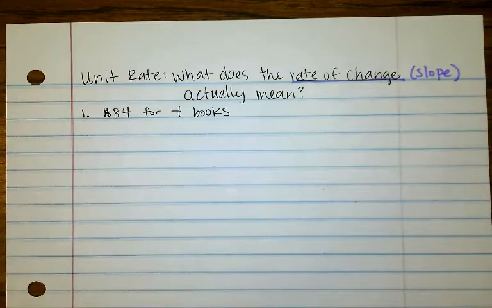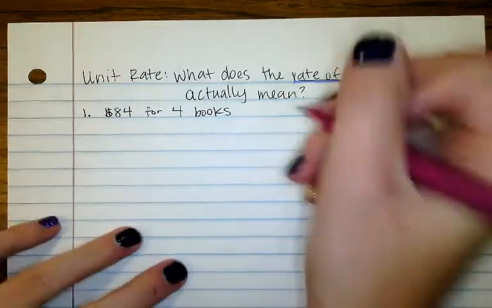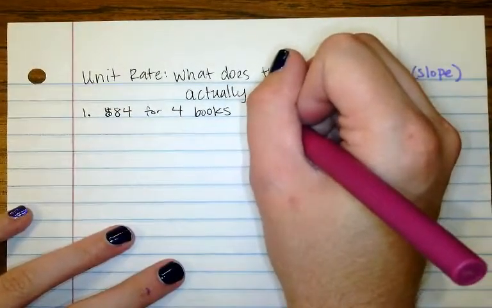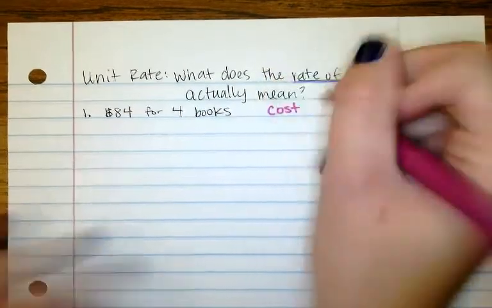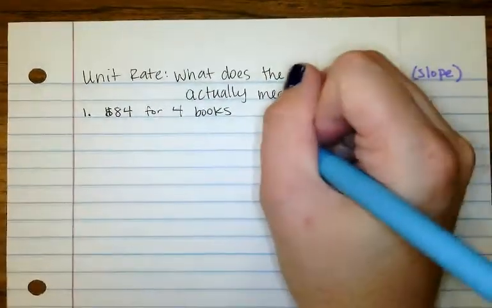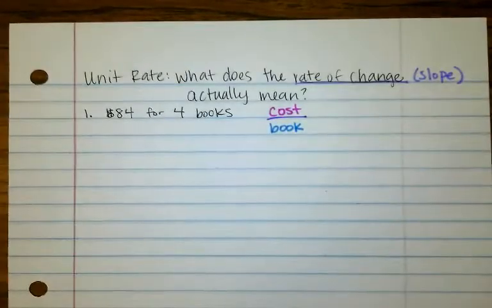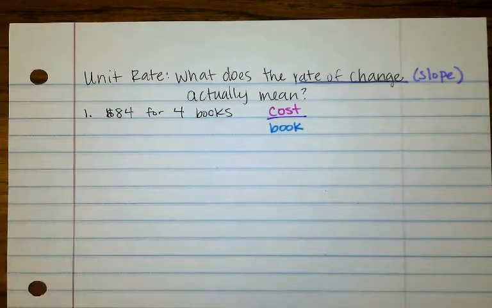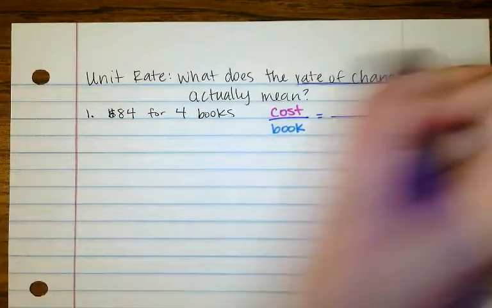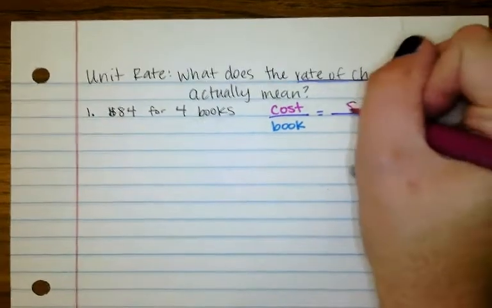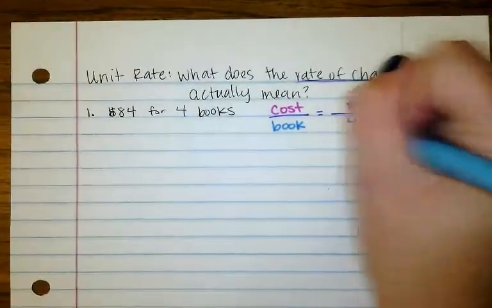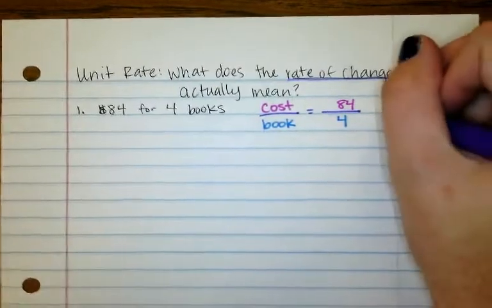So this would be the price or the cost per book. Does that make sense? So in this case, what is my cost per book? If we did $84 for 4 books, that's going to give me $21 per book. So we are thinking cost per book.